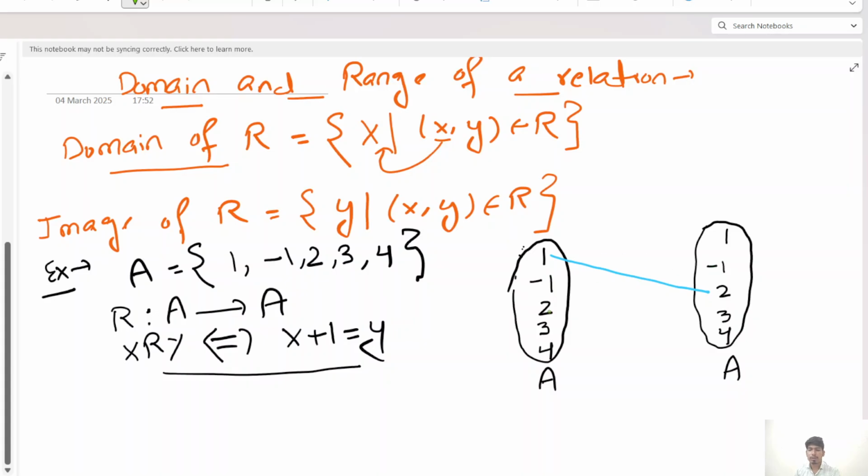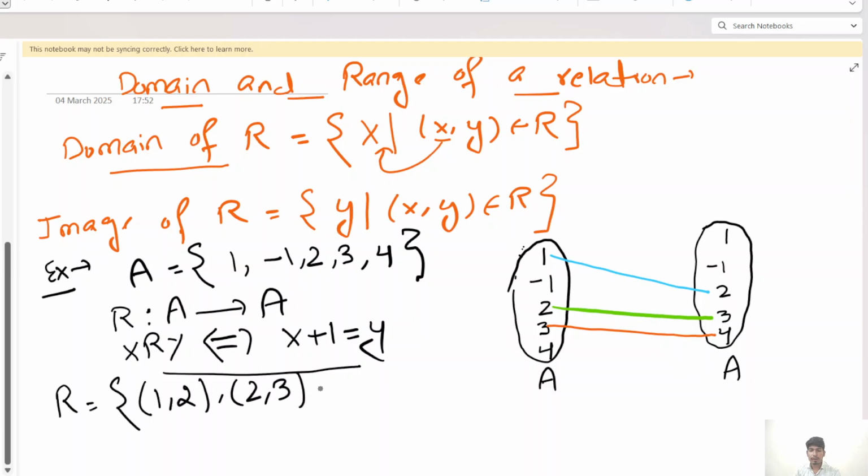When we take x = 2, we get y = 3, so 2 goes to 3. And 3 goes to 4. When we take x = 4, then y = 5, but there is no 5 in the codomain, set A. So only three elements map within A. Then R is {(1, 2), (2, 3), (3, 4)}.